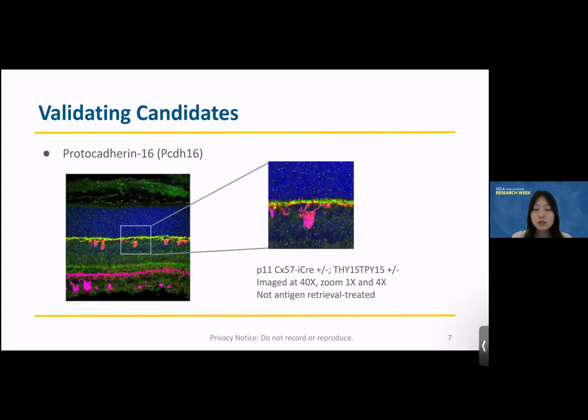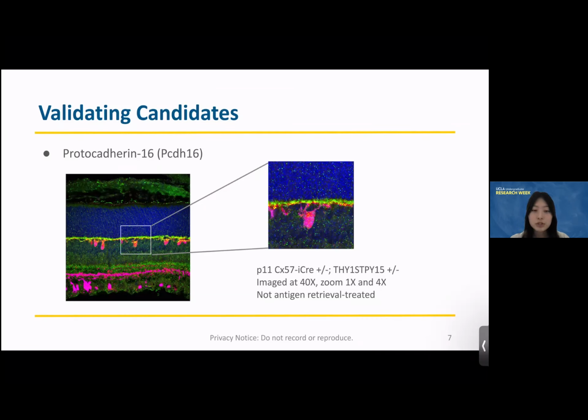One such protein is protocadherin 16, or PCDH16, which is a calcium-dependent cell-to-cell adhesion molecule. Here we used P11 mice from the CX57 line to target PCDH16, which has been labeled in pink, and we can see that it largely localizes to the horizontal cells as predicted by our data.